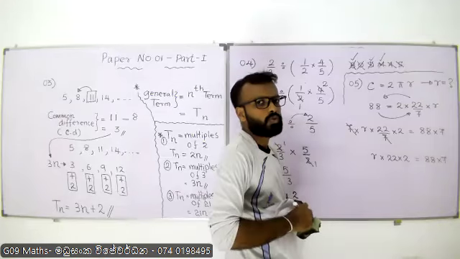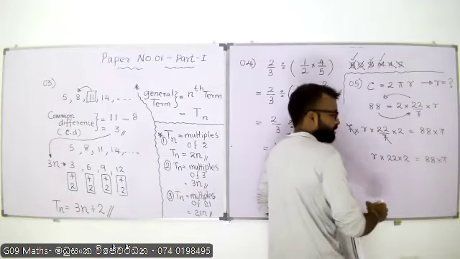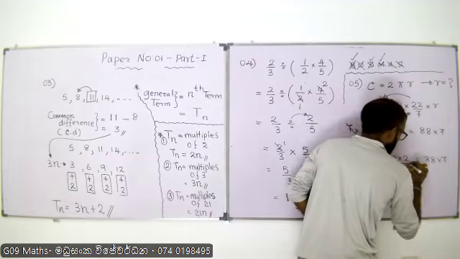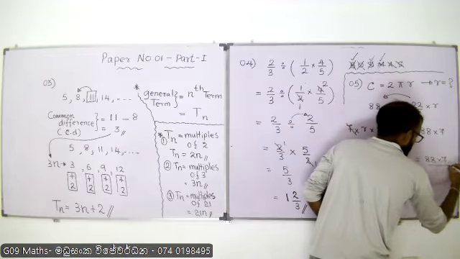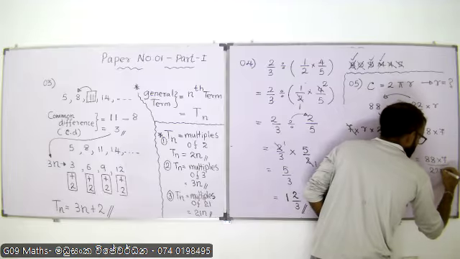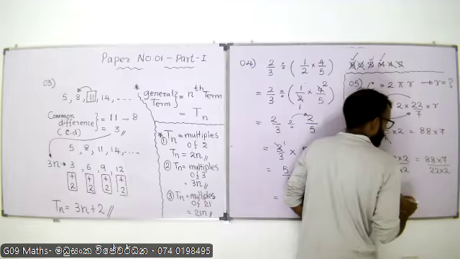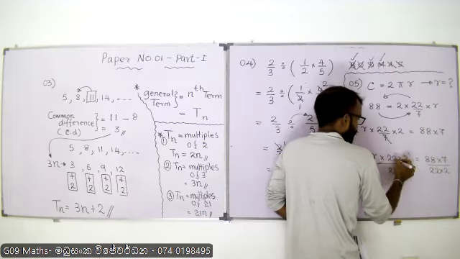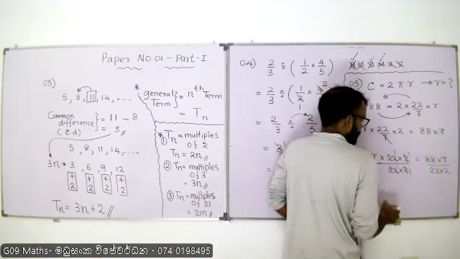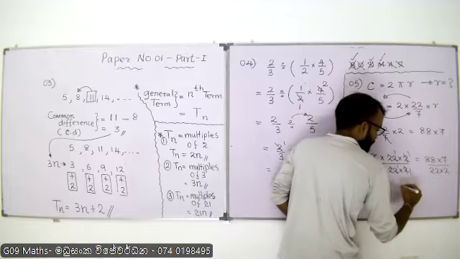So how are you going to do it? Just divide both sides by 22 multiplied by 2. 2 times 1, 2 times 1, 22 times 1, 22 times 1. So R is the only thing remaining.